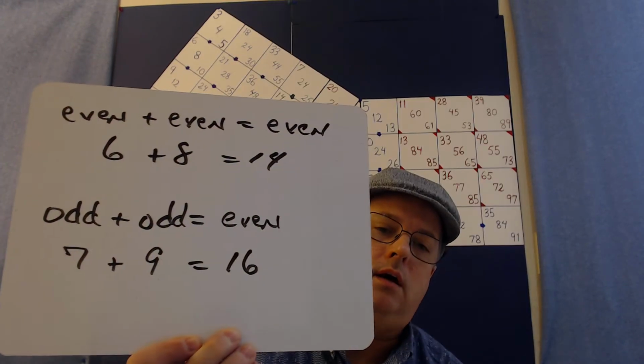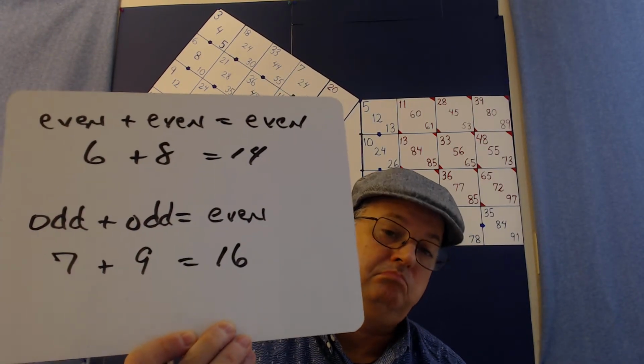And if you have an odd number plus an odd number, what's odd about that is it gives you an even number. Okay? So if you have 7 plus 9, that gives you 16. So an odd number plus an odd number is always going to give you an even number.